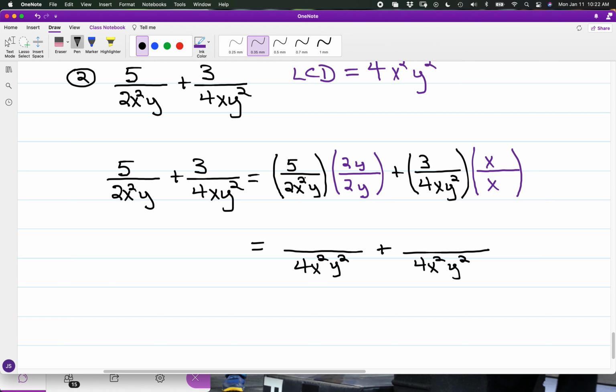And for taking the product of the numerators, you have 5 times 2y, so this will become 10y. Plus you have 3 times x, so you have 3x.